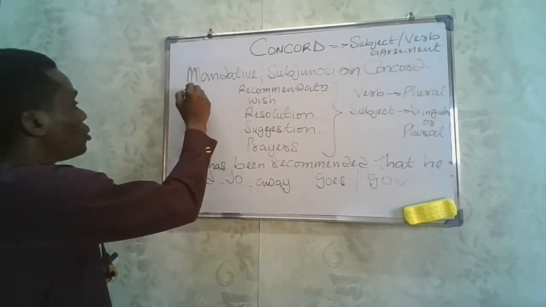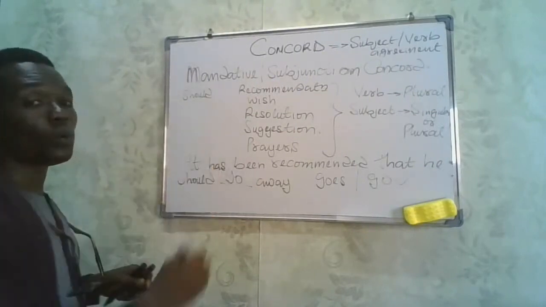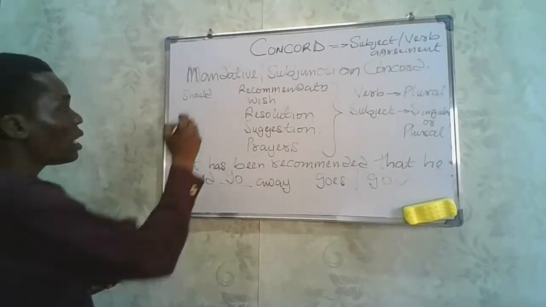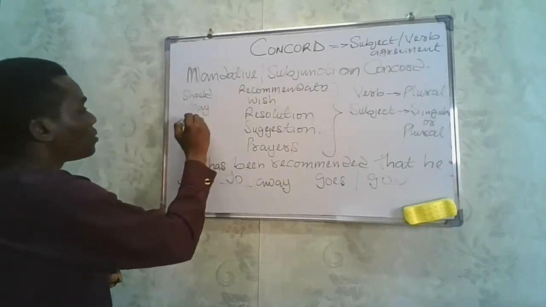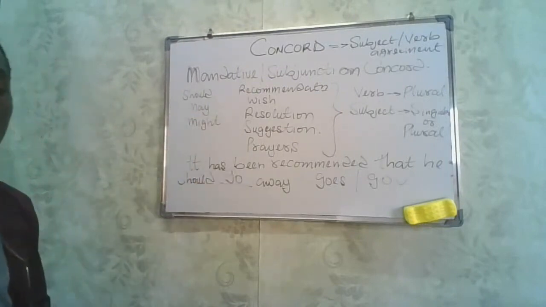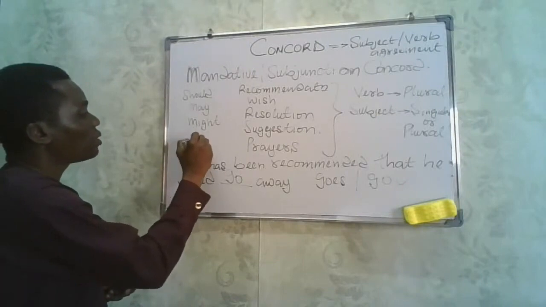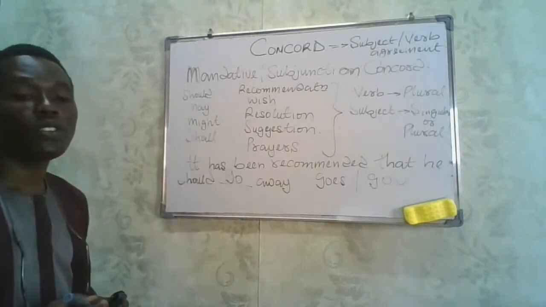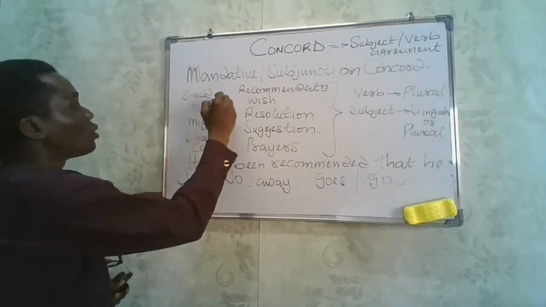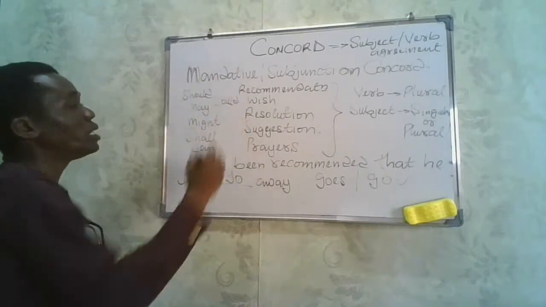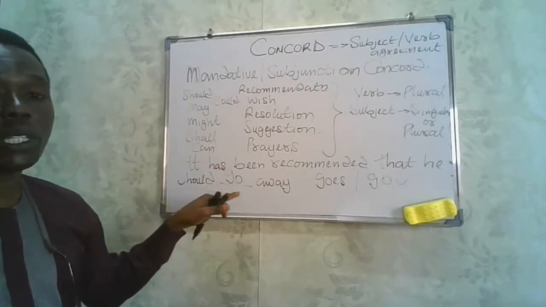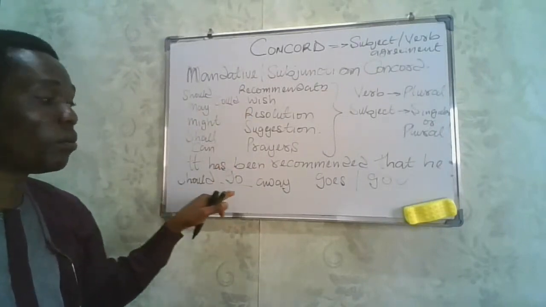Now, whenever you see could, should, may, might, shall, can, whenever you see all these modal auxiliaries coming before a verb, the verb must be what?